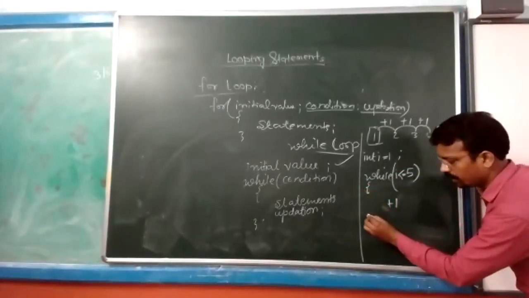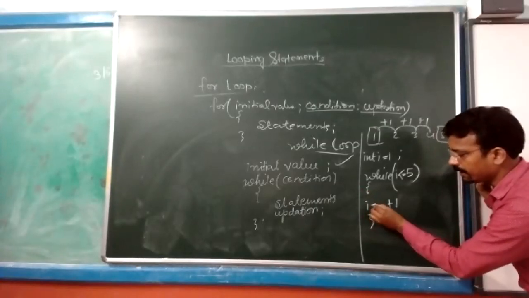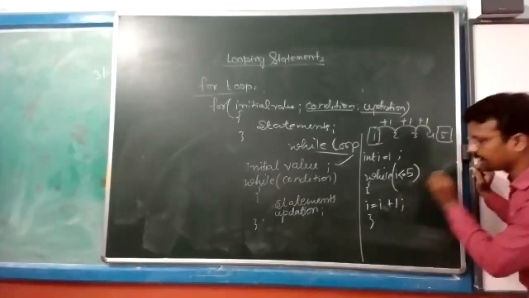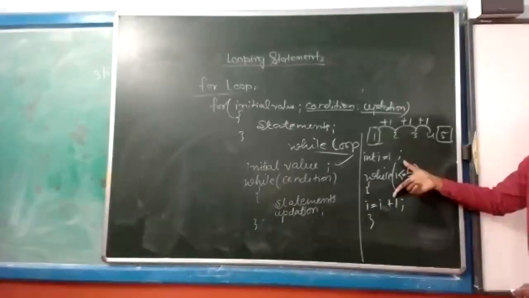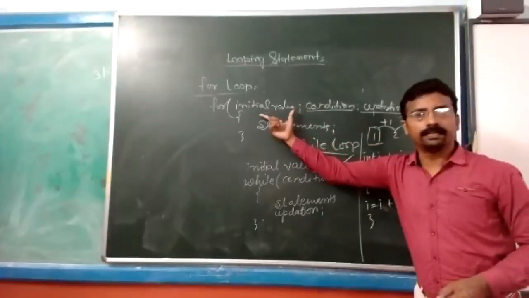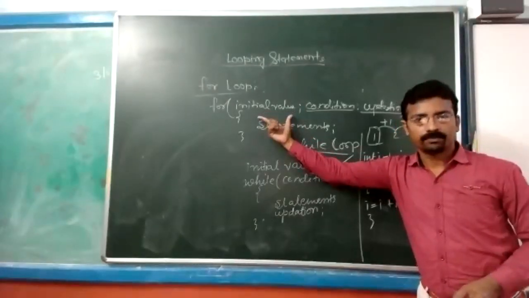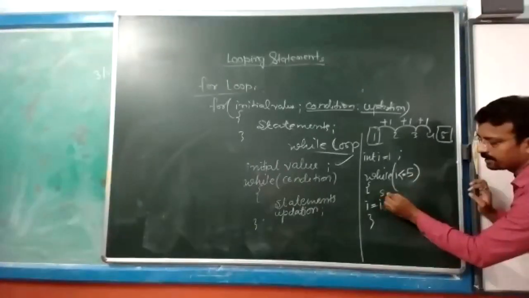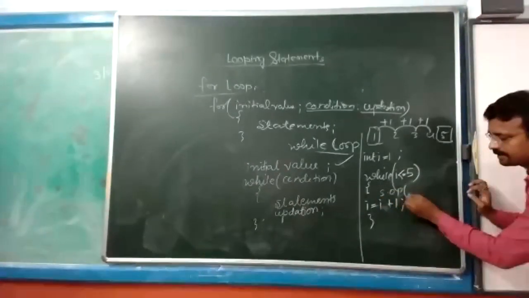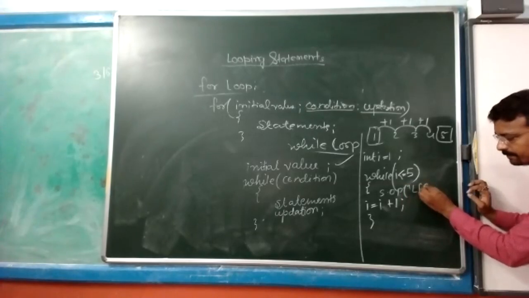After that the block, and in the block i = i + 1 is done. This way we have done the same program as we did here. And here you can write the statement System.out.println LFS.